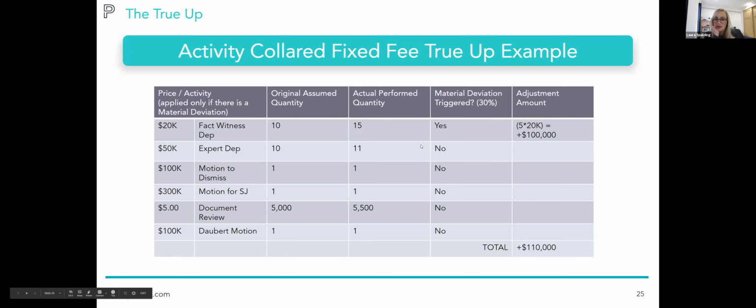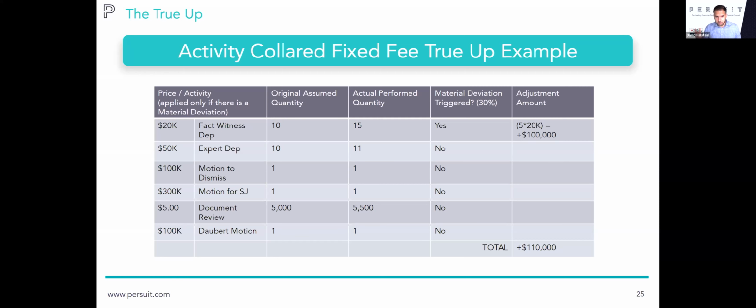So you can check in at the phase level and look at the activities, compare the original assumed quantity with the actual quantity of activities that's been performed, and then adjust the cost that way. Or you can do it at the billing phase, go back and check their invoice and compare the quantity assumed with what's performed.